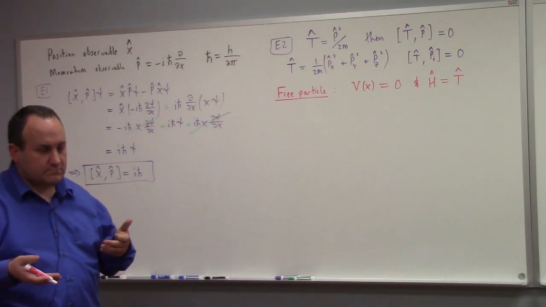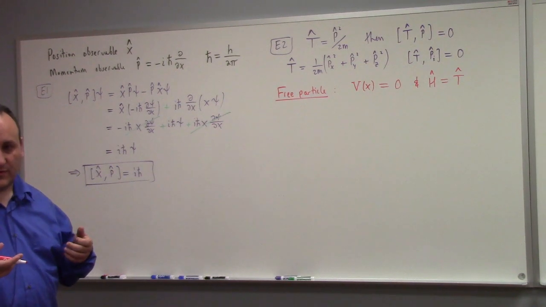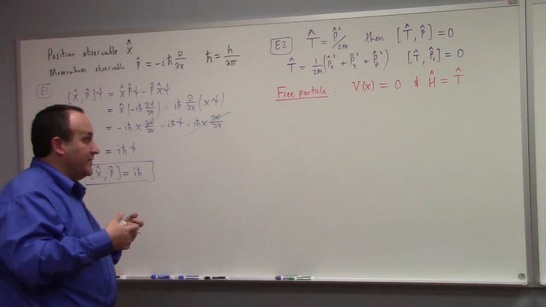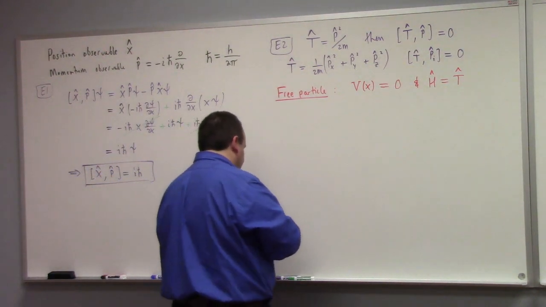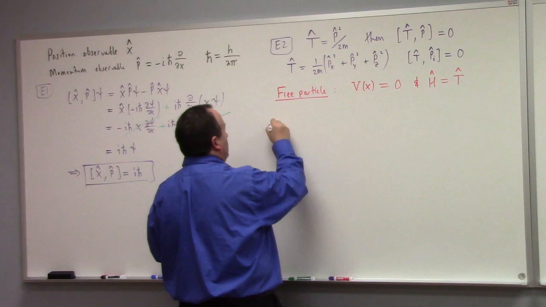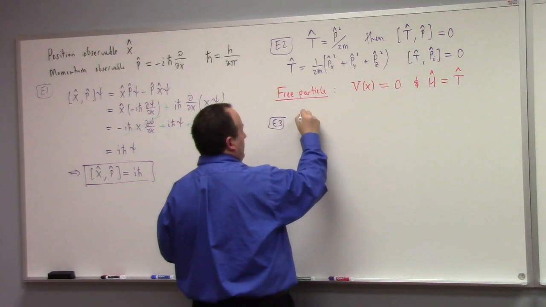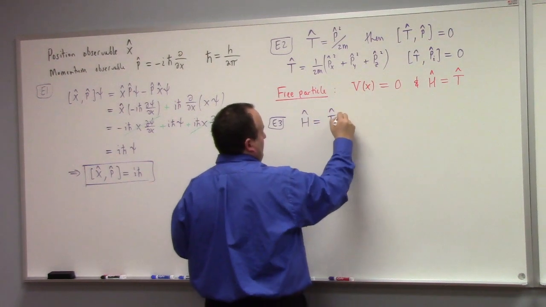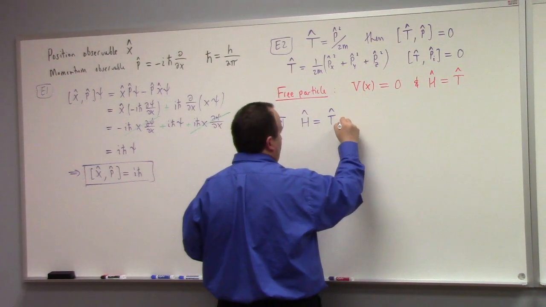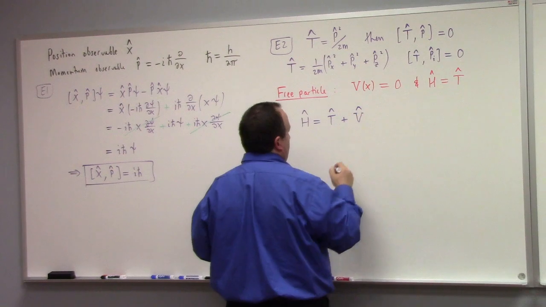However, this is not the case anymore if the particle is not free, right? So for example, example 3: the Hamiltonian operator is equal to the kinetic energy operator plus the potential operator, right?